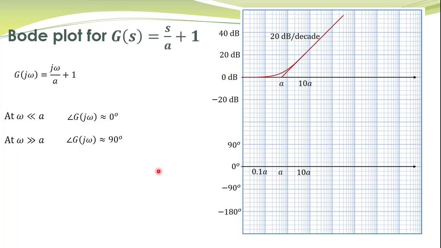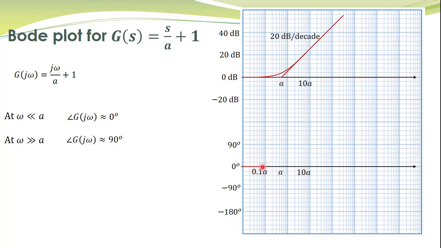What you do is that you first locate the corner frequency, that is this frequency a. You also locate a frequency which is 1 decade higher than this corner frequency. You also locate a frequency which is 1 decade lower than the corner frequency.